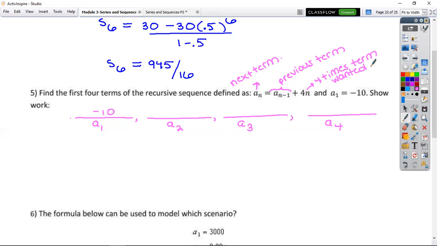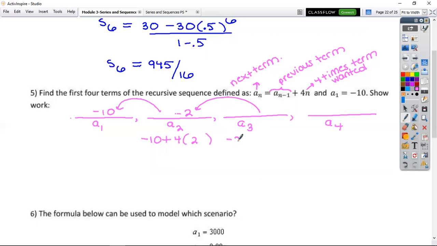Okay, here's what you do. You look here, you pull the previous term, plus 4 multiplied by the term you want. What's the term I want right now? 2. So negative 10 plus 8 is negative 2. Do it again.